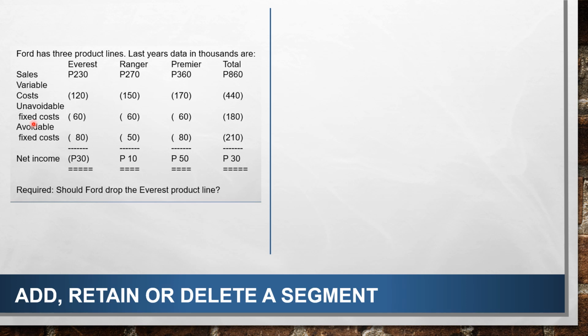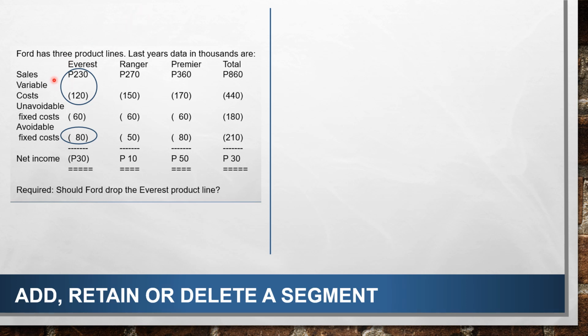So if we do a contribution margin approach or the differential approach, we look at the contribution margin here. The contribution margin of Everest is 230 less 120, and that will give us 110 in thousands, 110,000. Then we look at the unavoidable fixed cost, which is actually irrelevant because whether you retain or drop the Everest segment, you will still incur that, but only divided into 2 segments.